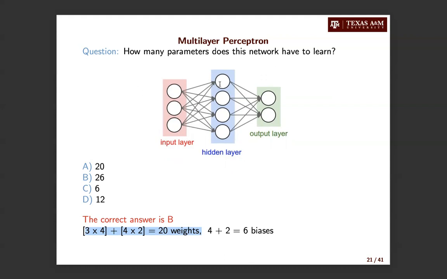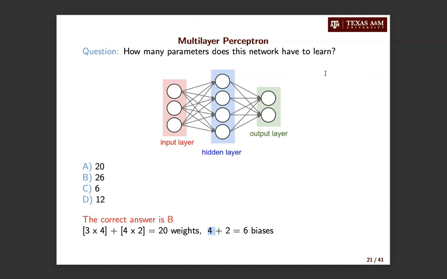So here we have 1 bias term per hidden node, so 4 bias terms that are connected in each of these units, and 2 bias terms that are connected in the output units. So this results in 20 weights and 6 bias terms, therefore a total of 26 parameters.